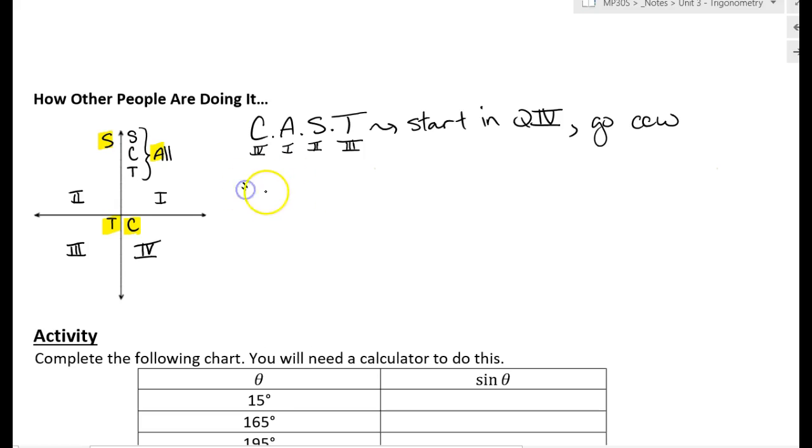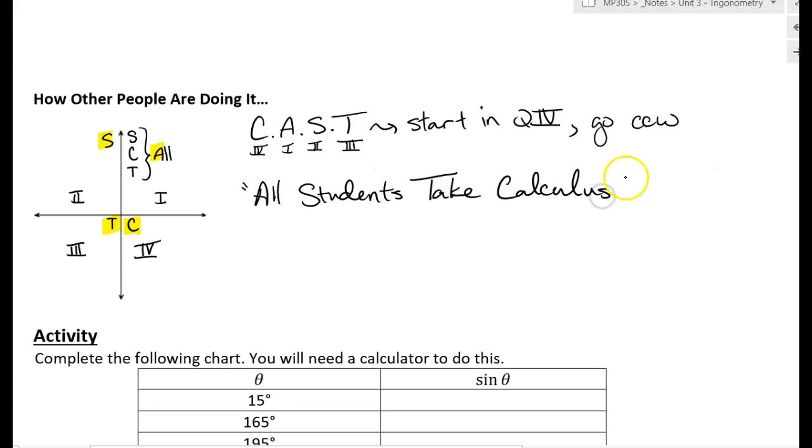The one that I always use is All Students Take, and you can use Calculus because we're in math. I also use Chemistry, but that's probably just because I'm a chemistry teacher. All Students Take Chemistry, and that starts in quadrant 1 and counts in order.